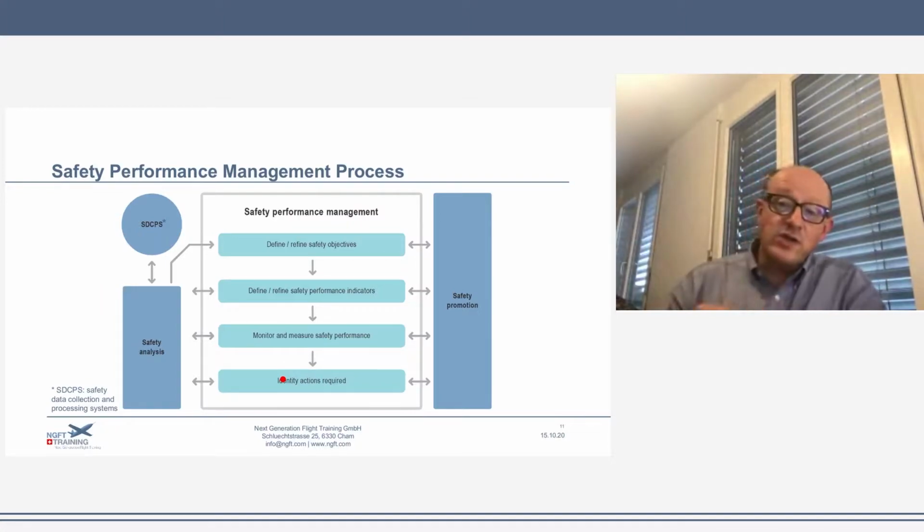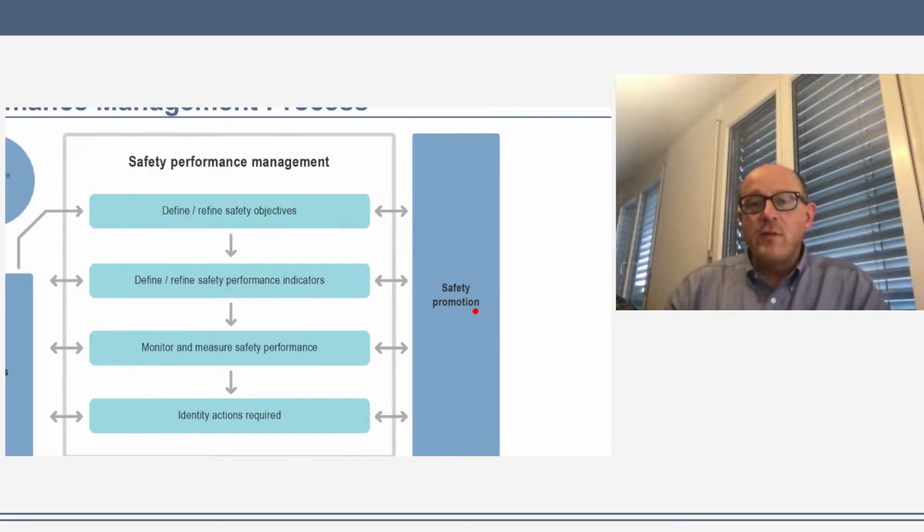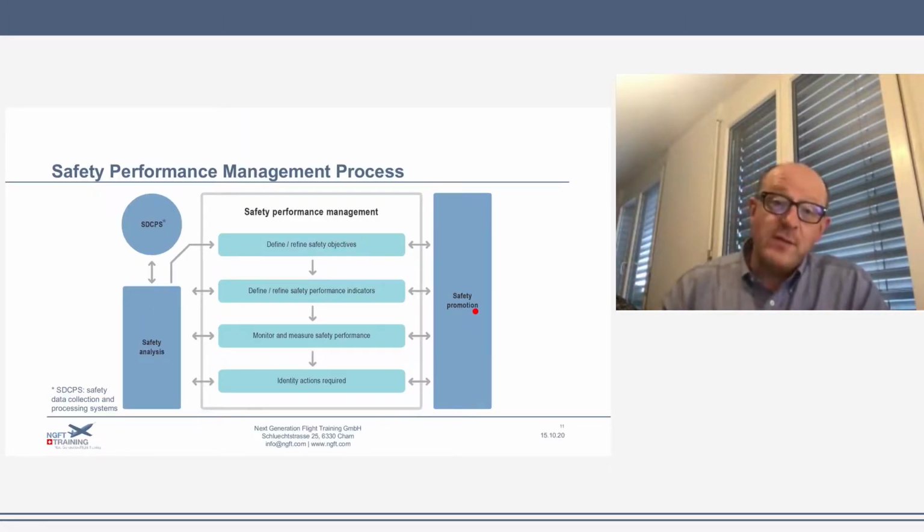So this is a conscious process that we can do. You can see here you have 3 of the 4 elements for a safety management system on one page: the safety promotion part, safety assurance, and hazard and risk management.